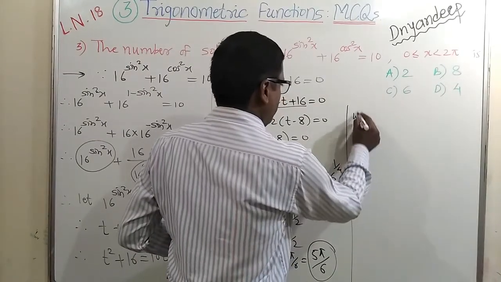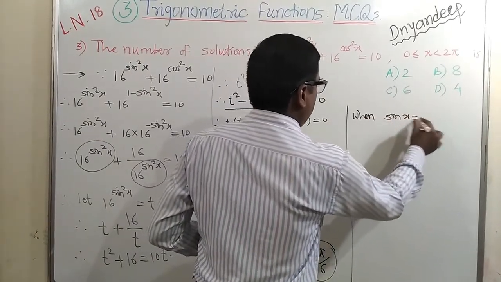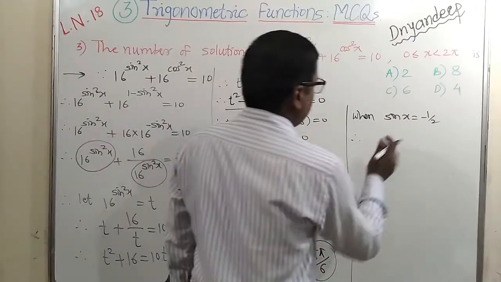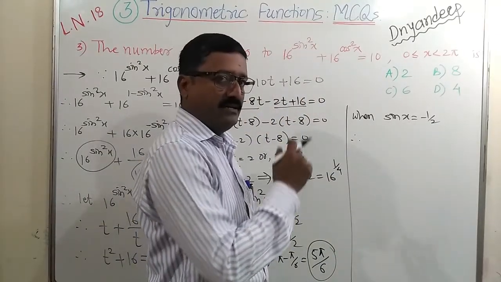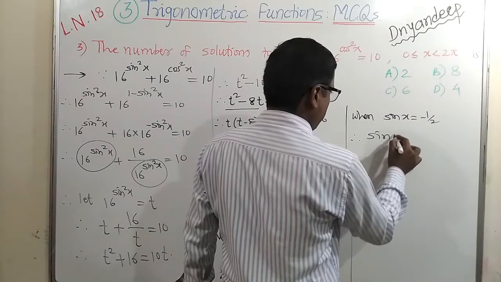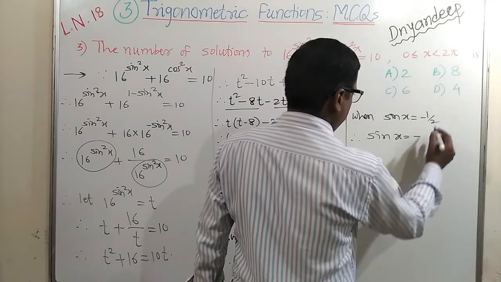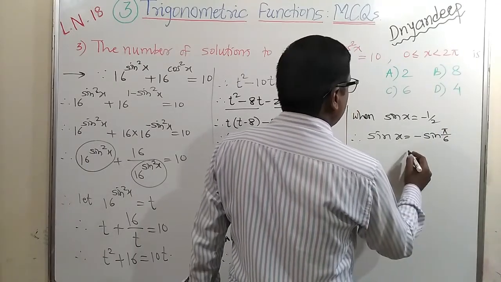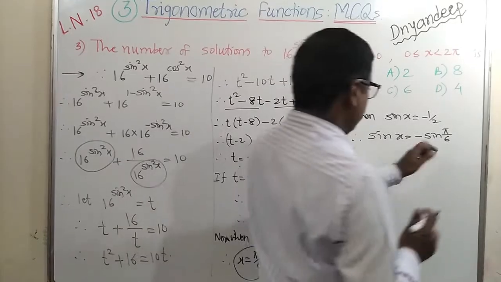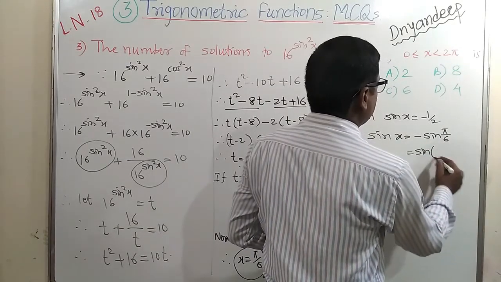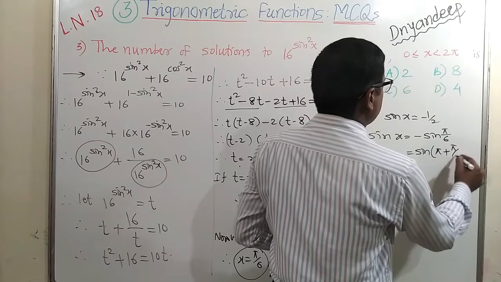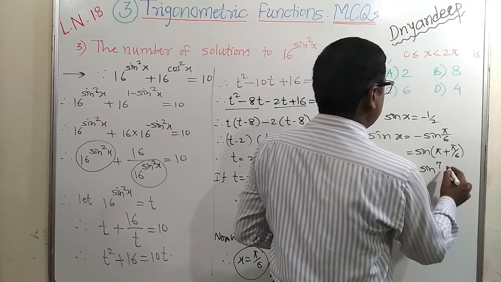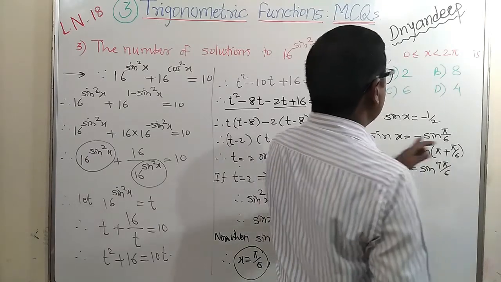Now when sin x equal to minus half, sin x is now negative. Sin x is negative in the third and fourth quadrant. So sin x is equal to minus sin pi by 6. Absorbing this negative sign, in the third quadrant we get sin of pi plus pi by 6, that will be sin 7 pi by 6, so it is negative.